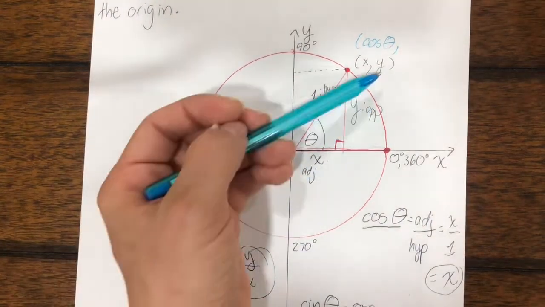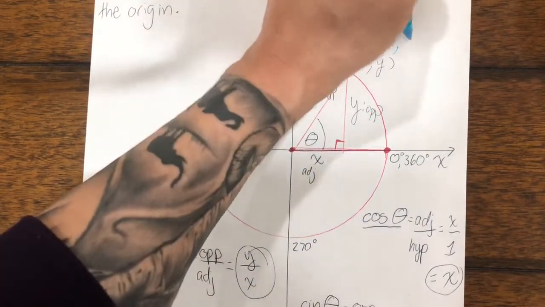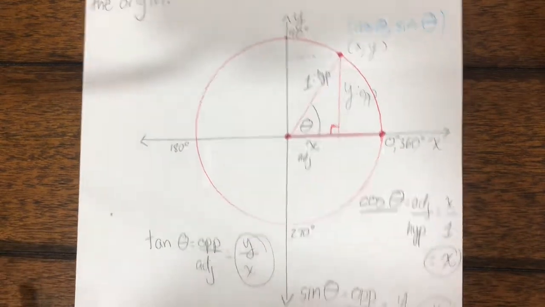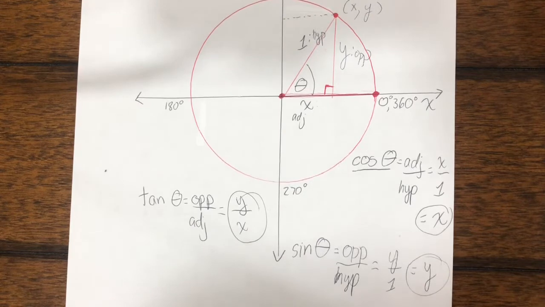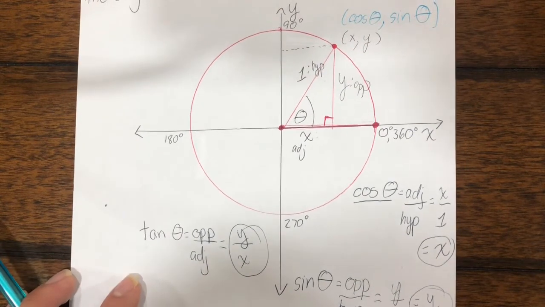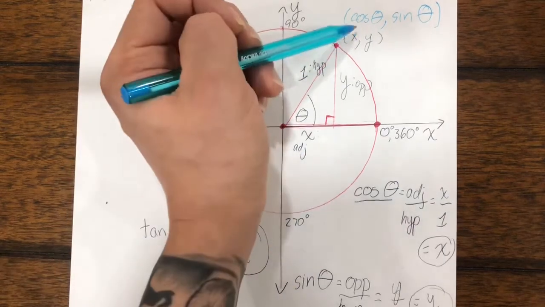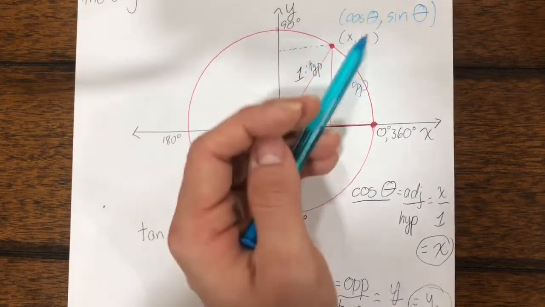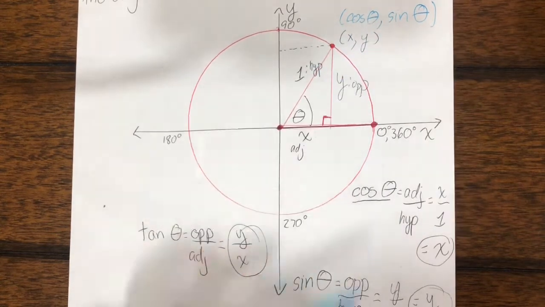And then I can substitute y as sine of theta, since sine of theta equals y. So we have x comma y could be substituted as cosine theta comma sine theta.